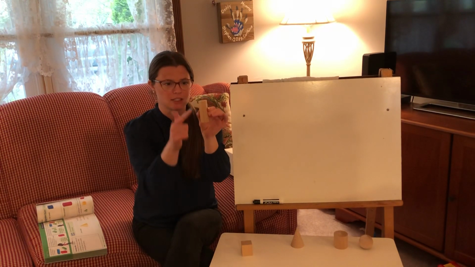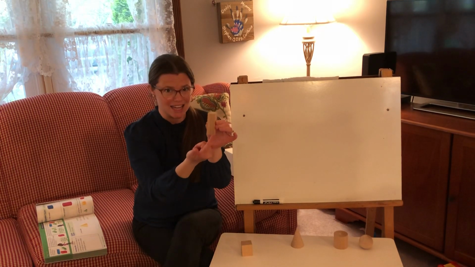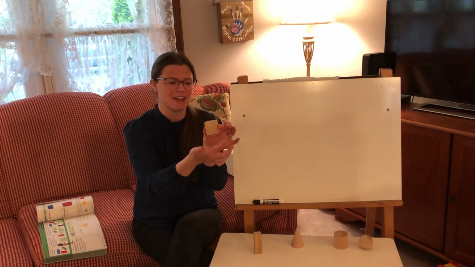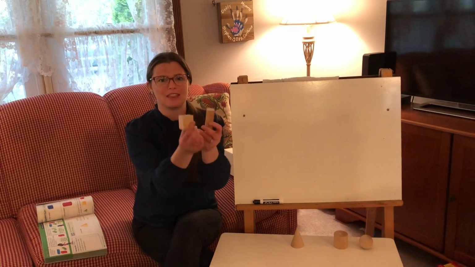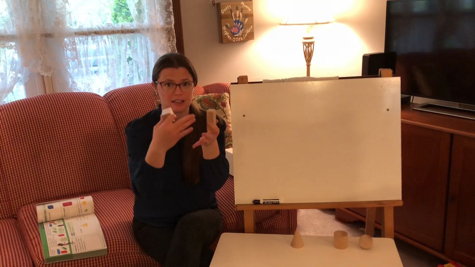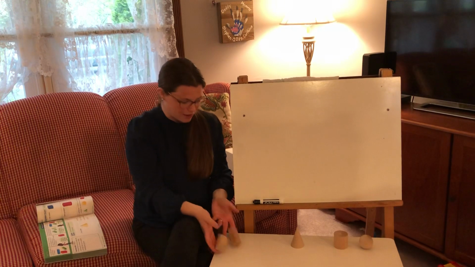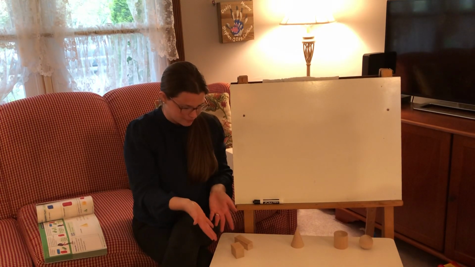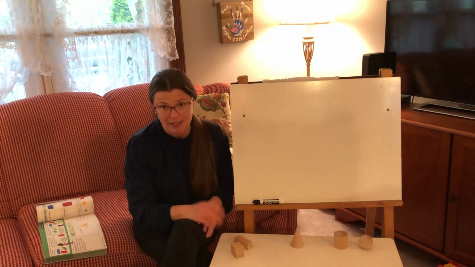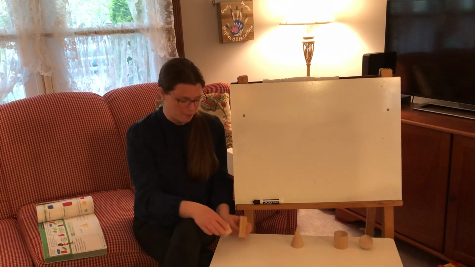And let's take a look at vertices. 1, 2, 3, 4, 5, 6, 7, 8 vertices. Let's check. 1, 2, 3, 4, 5, 6, 7, 8. So these have the same number of faces, the same number of vertices, and the same number of edges. Now, rolling test, here we go. They didn't roll, did they? You probably could have guessed that before I even did it, right? So rectangular prisms don't roll.